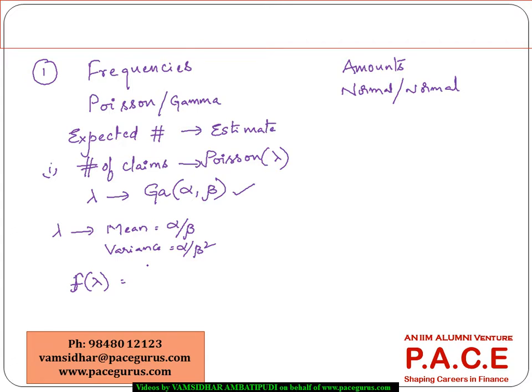What is the probability density function associated with a gamma distribution? We can get it from the typical tables.